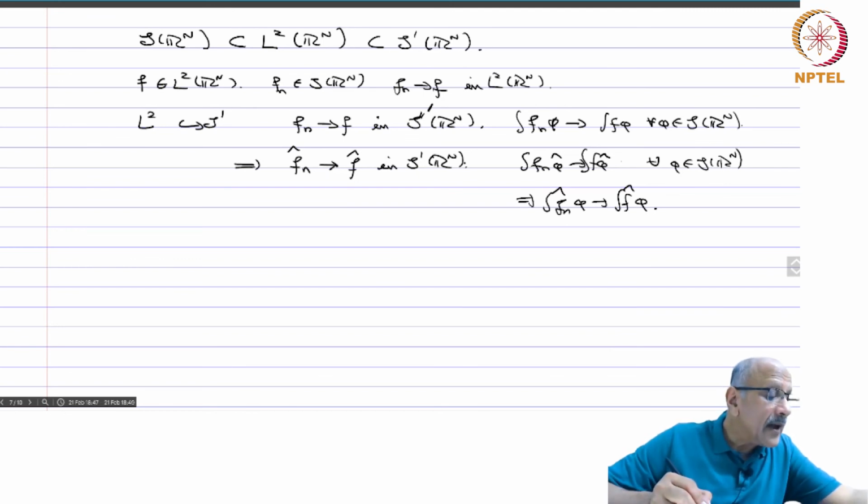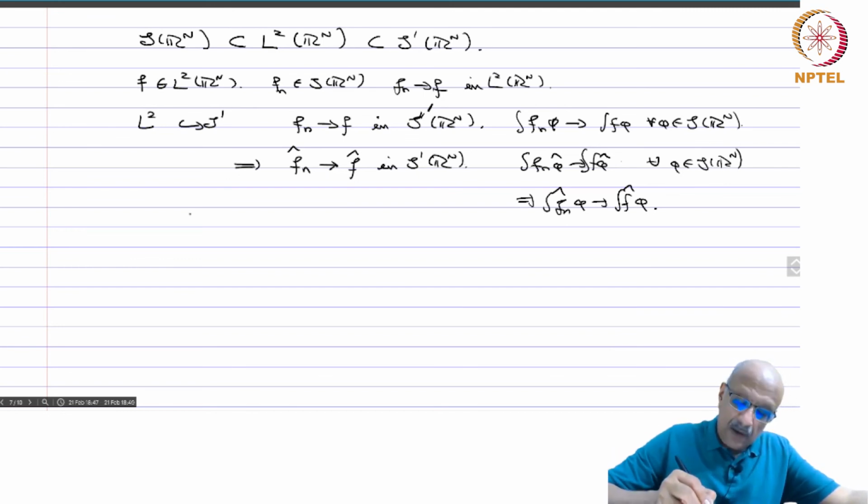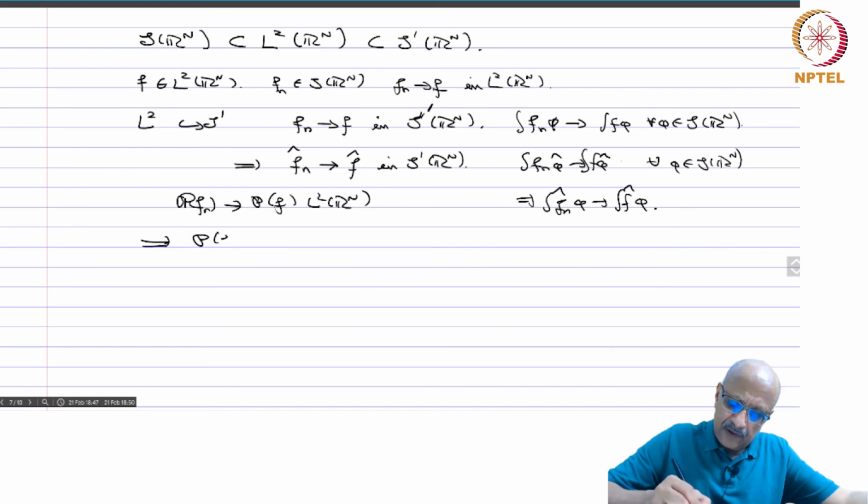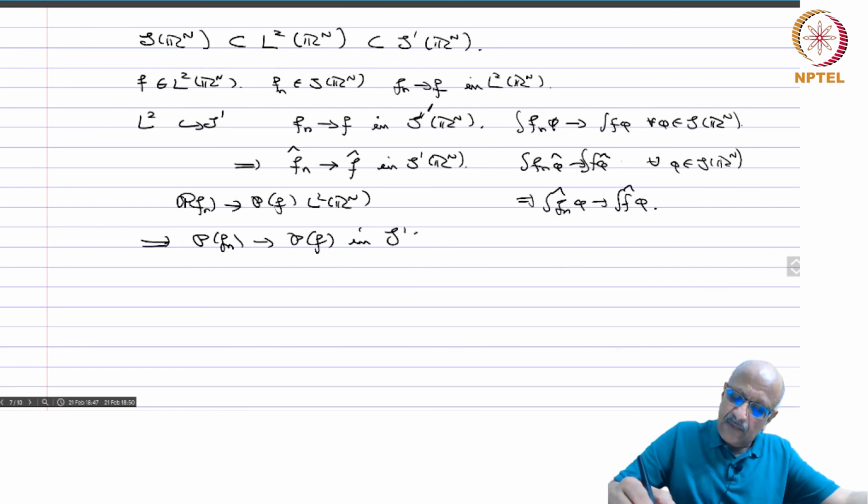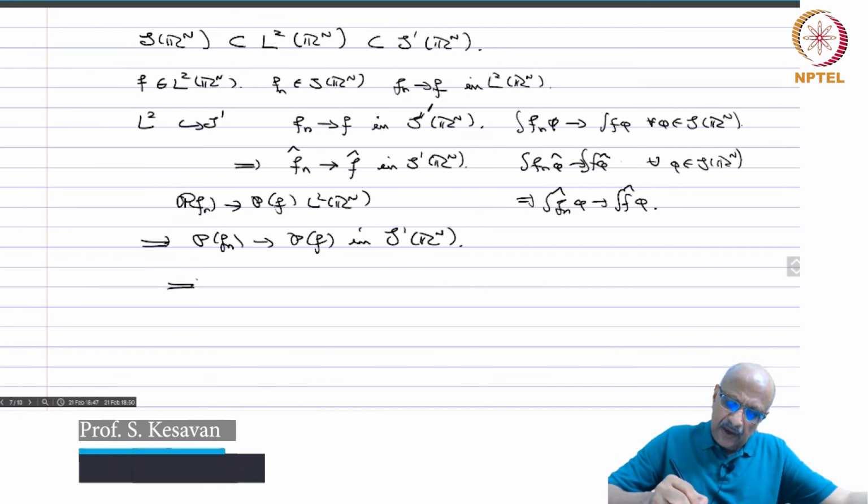On the other hand, P of Fn, being an isometry, will go to P of F in L2 of Rn, and that implies that P of Fn goes to P of F in S dash of Rn, in the same way. We just saw that. But P of Fn is what?